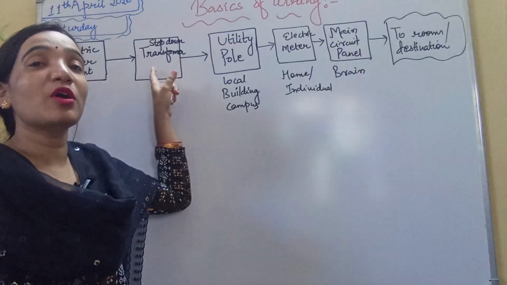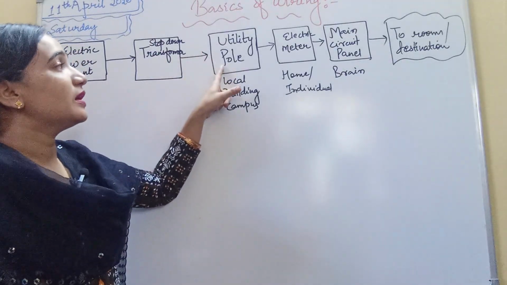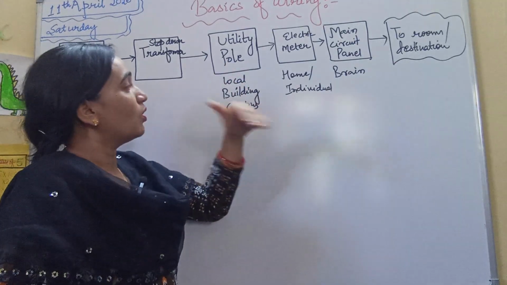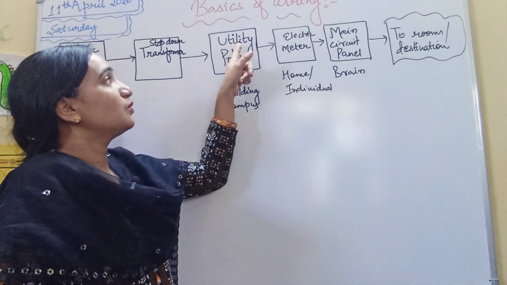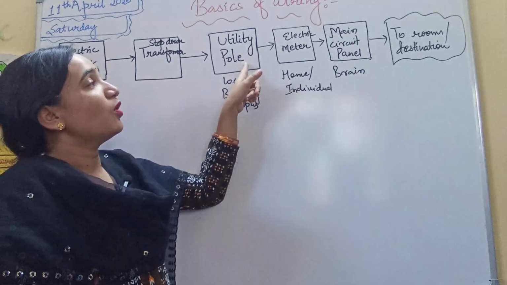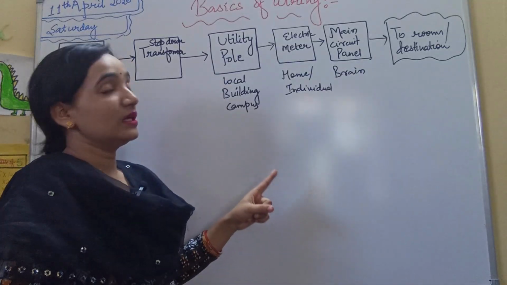The step down transformer is the distribution point, and from there it goes to the individual region or campus through the utility pole.